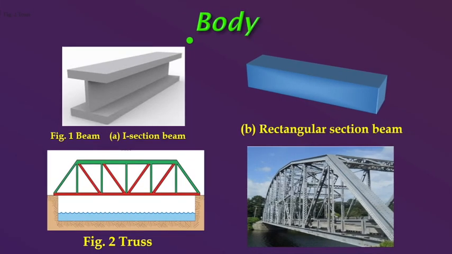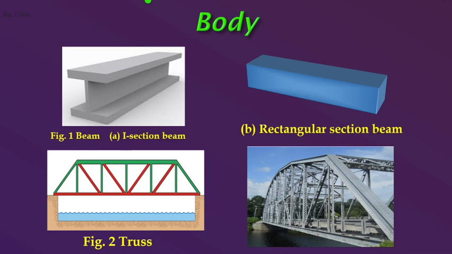As already discussed, a body means anything, and here we are particularly interested in the body as the beam. So what is a beam? In structural elements, in various types of structures, especially civil structures, we have seen the beam.